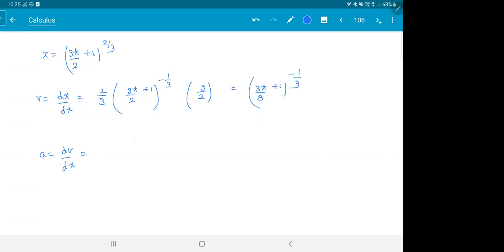What is velocity? Differentiate that again. 3t by 2 plus 1 whole power minus 1 by 3 minus 1. You're just playing with the differentiation and integration, nothing much here.